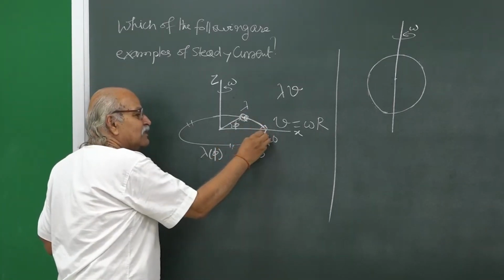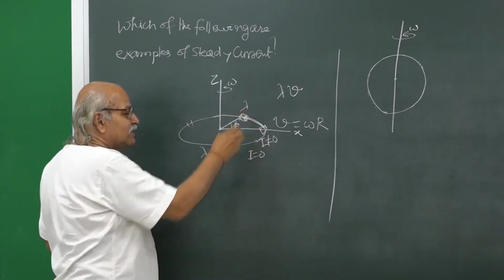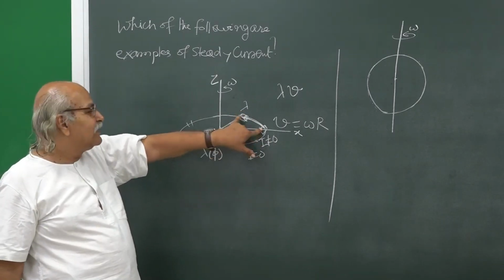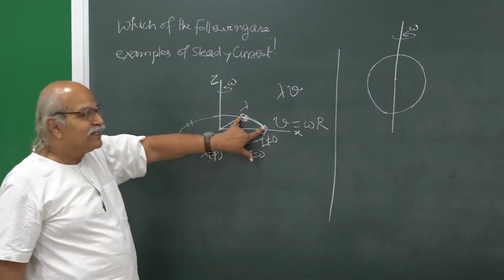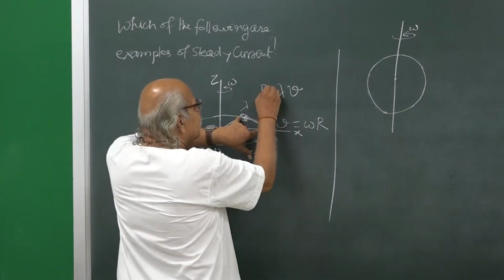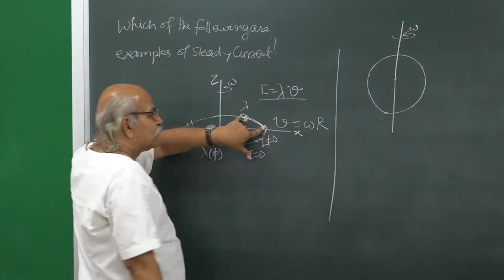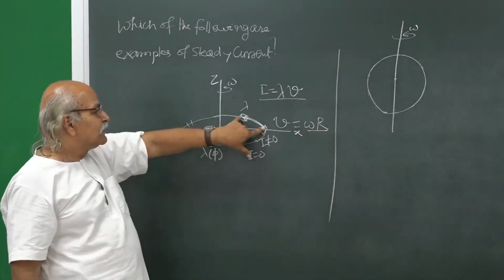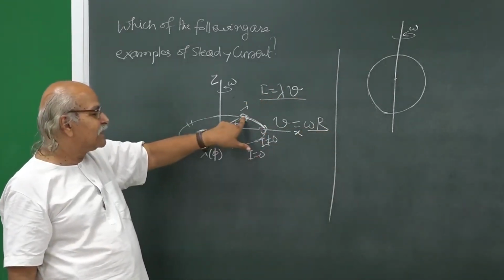This portion which is now here, after some time comes here, and if the charge densities are different here and here, and the current is this lambda V, and V is the same, V is omega times R, but this lambda is different here and different here.